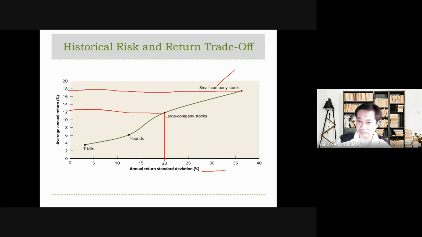Ayan. Ganyan. Then dito. Ganyan, no? So you can see that the higher the standard deviation, wherein the standard deviation represents volatility or risk, the higher the average annual return.